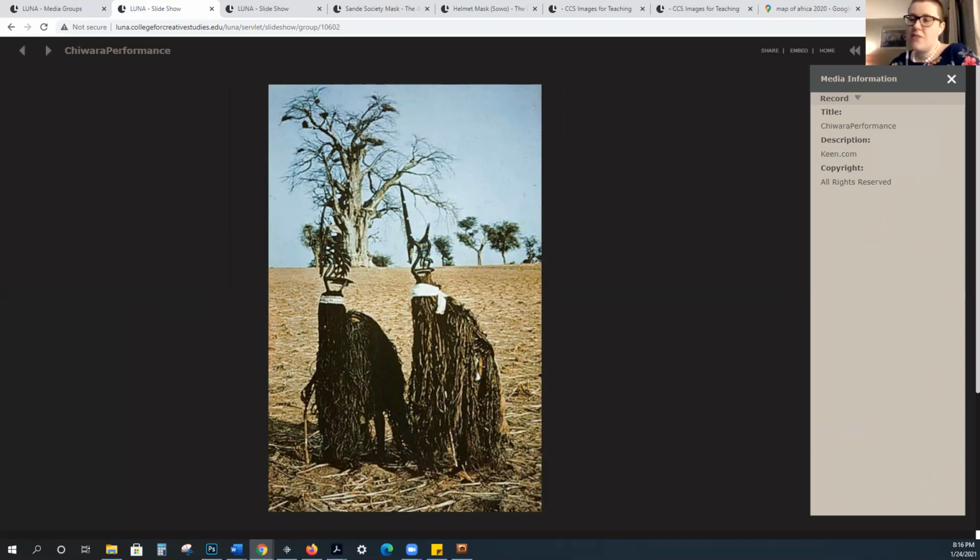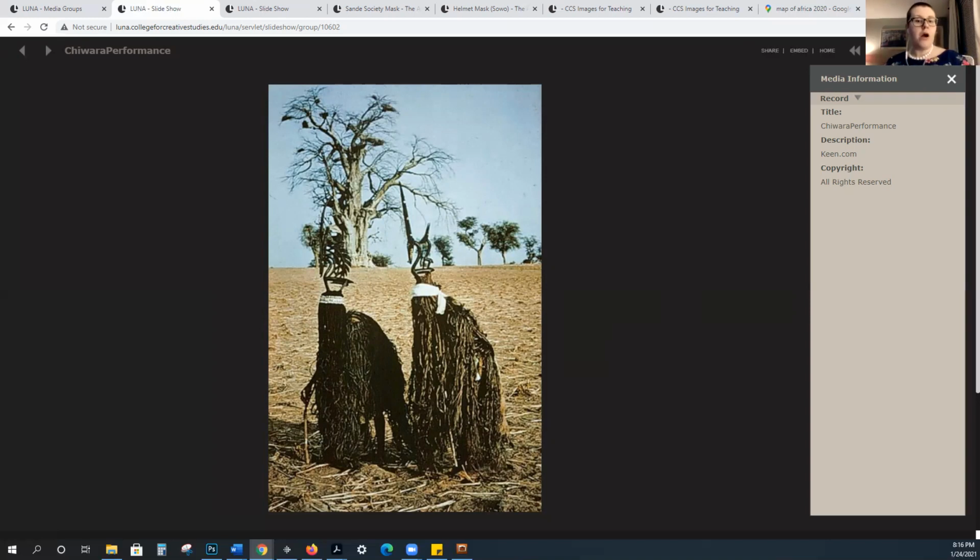And the way that this is performed is that not only are these individuals wearing Chawara on their head, you can see here that this is the female Chawara with the baby antelope on her back, and the male Chawara, but the dancers themselves are intended to resemble a roan antelope. And so if you can see here, they're hunched over and they're carrying sticks in their hands. And this is to create an effect of having 4 legs.